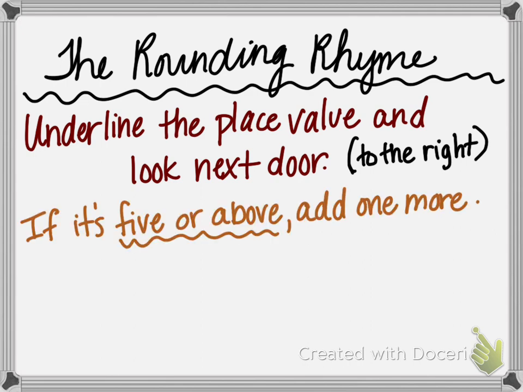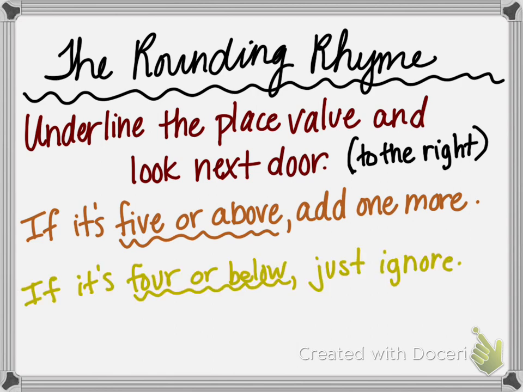If it's 5 or above, add 1 more. So if the number that's to the right is 5 or greater, your underlined number goes up 1. Okay, you add 1 more to your underlined place value. And if it's 4 or below, just ignore. So if you have your underlined place value, you look next door to the right.